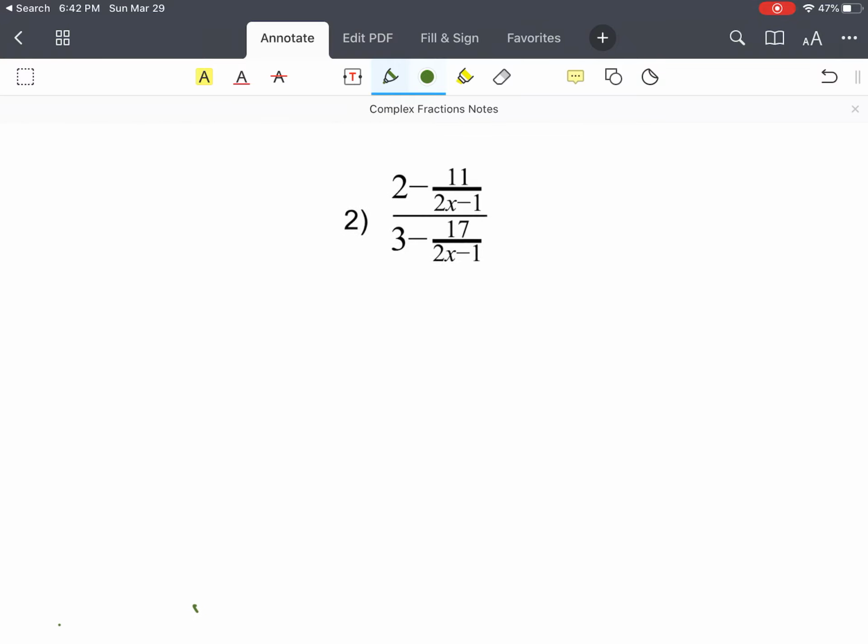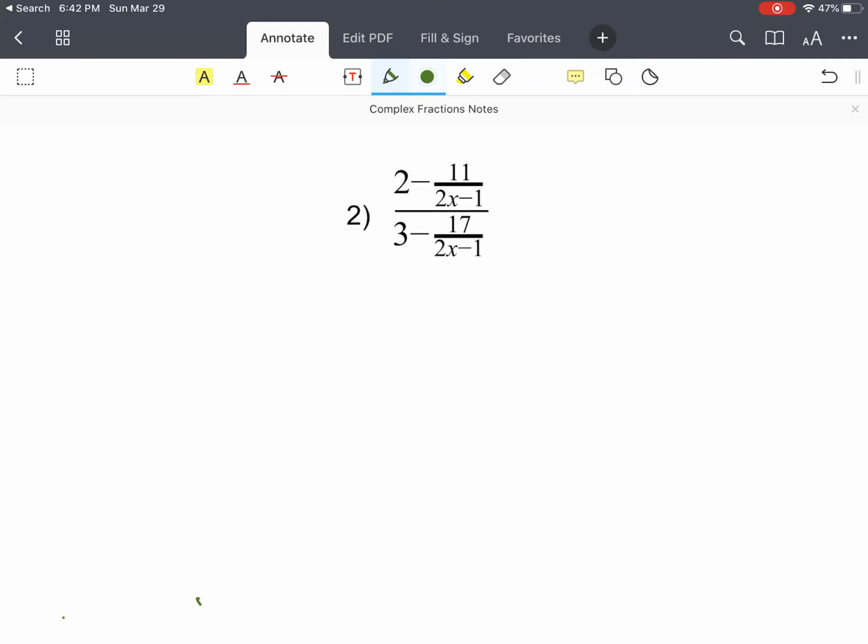Okay, so let's look at a more complex one. On top I've got two fractions, technically those are both the 2's over a 1, and on bottom the 3's over a 1. So I've got to get common denominators, both on top and bottom, and it looks like that common denominator is going to be 2x minus 1.